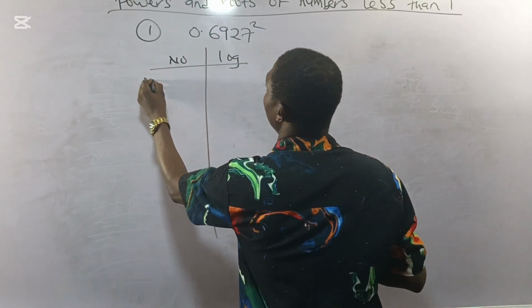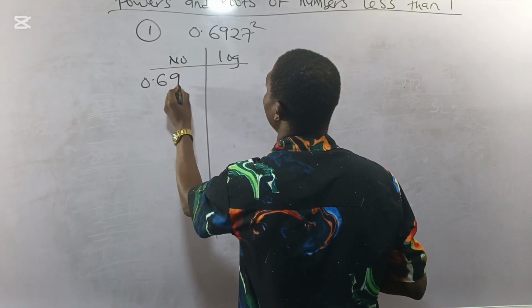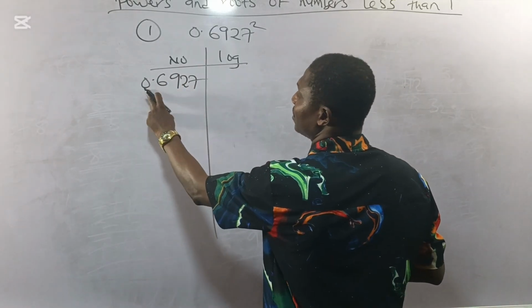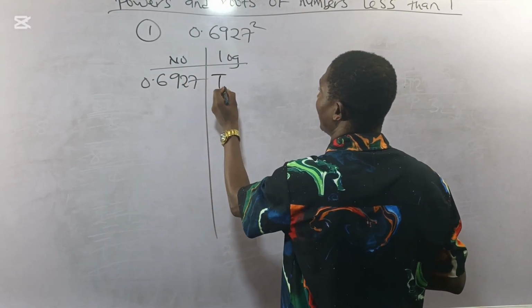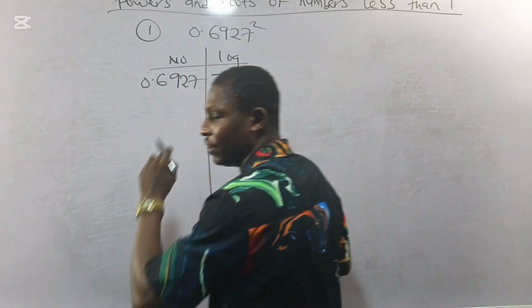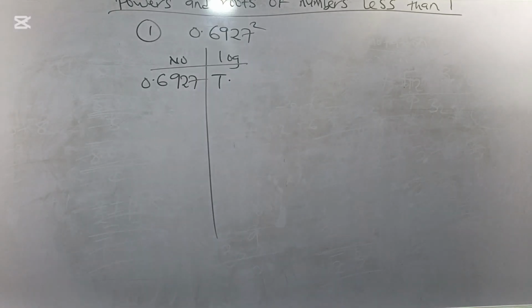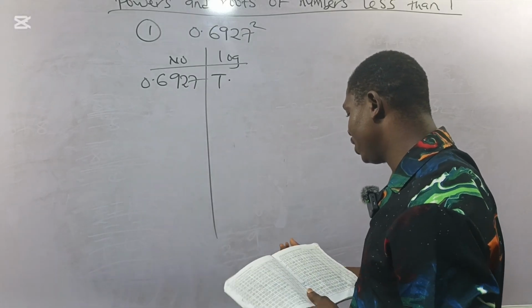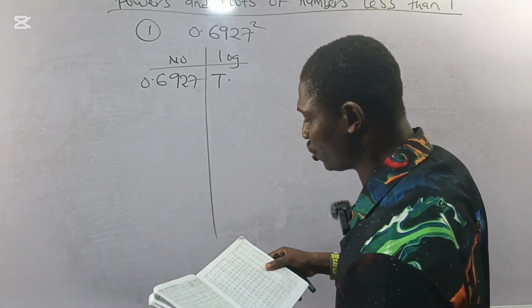Now we have 0.6927. How do we do this? 0 before the real number, we have bar 1 as our characteristics. So we check 69 under 2 difference 7. Ensure you are using logarithm of numbers, not natural logarithm.